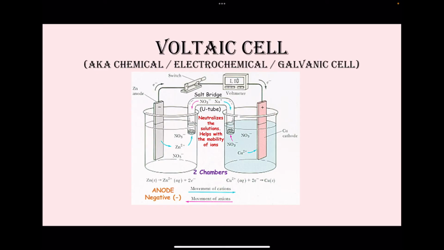In the voltaic cell, your anode is the negative side because it's on the negative side of the salt bridge, and your cathode is the positive side because it's on the positive side of the salt bridge. As you can see, the anode is getting the negatively charged nitrate ions, and the cathode is getting the positively charged sodium ions from the salt bridge, okay?